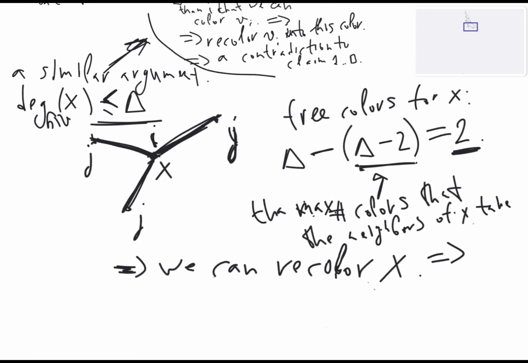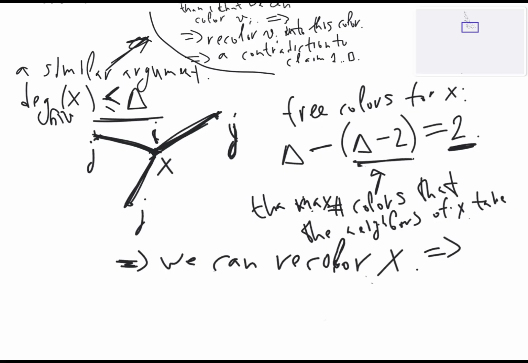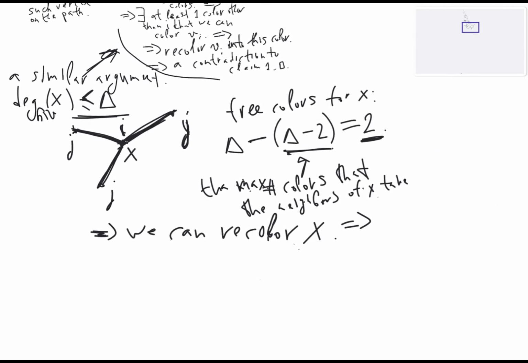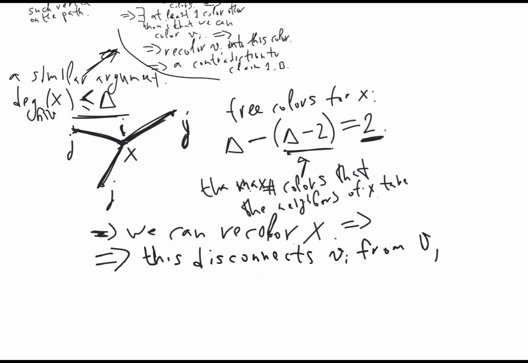So when we recolor this vertex x, this disconnects vi from vj by the vertices of color i and j, in the subgraph Hij.